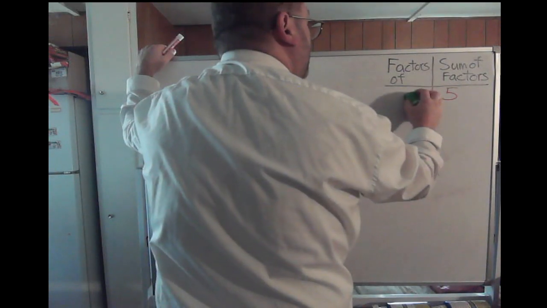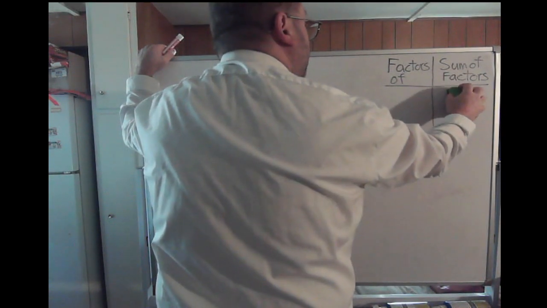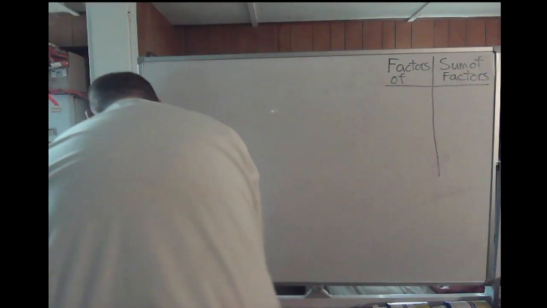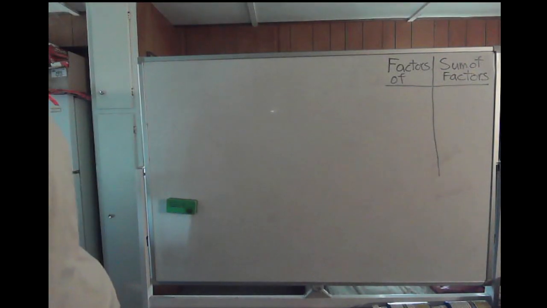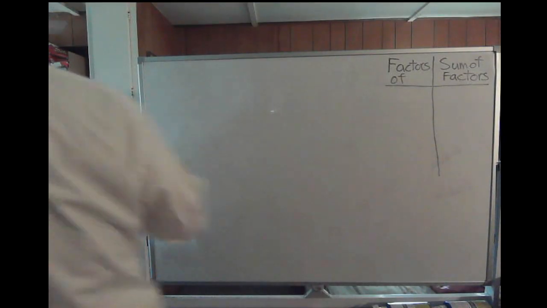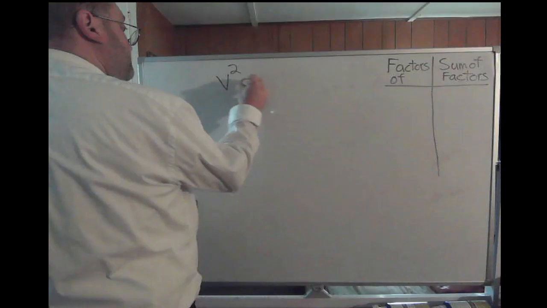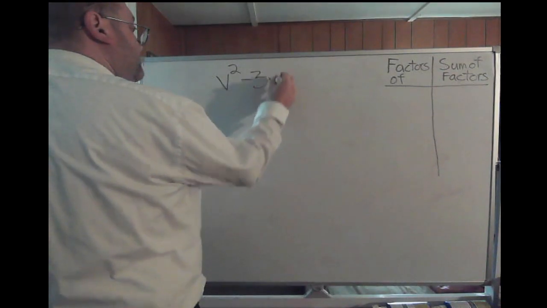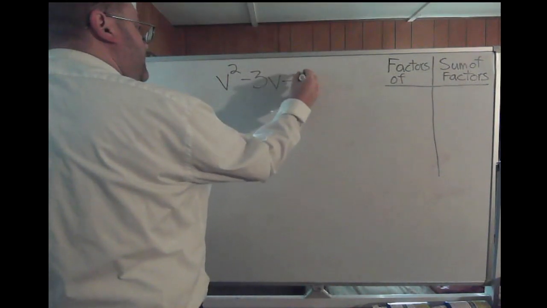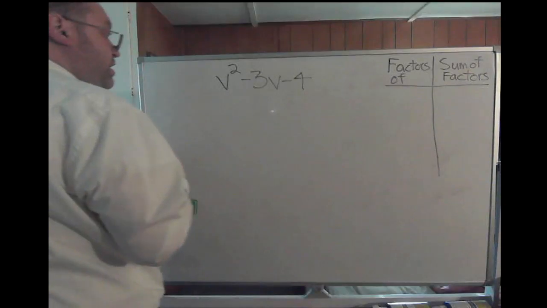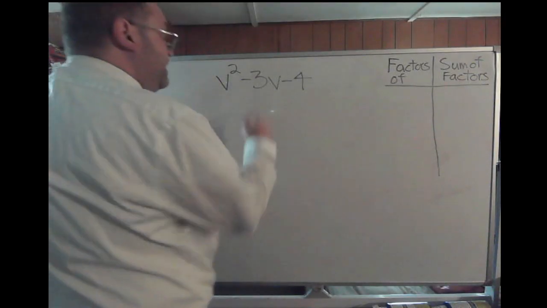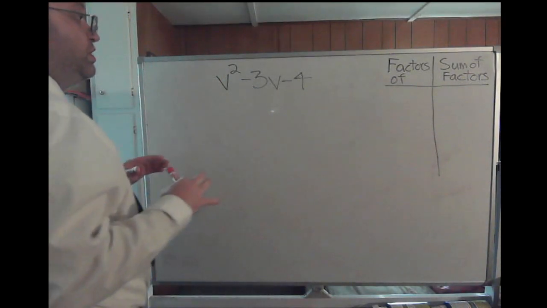Alright, let's do some more examples here. We got v squared minus 3v minus 4.